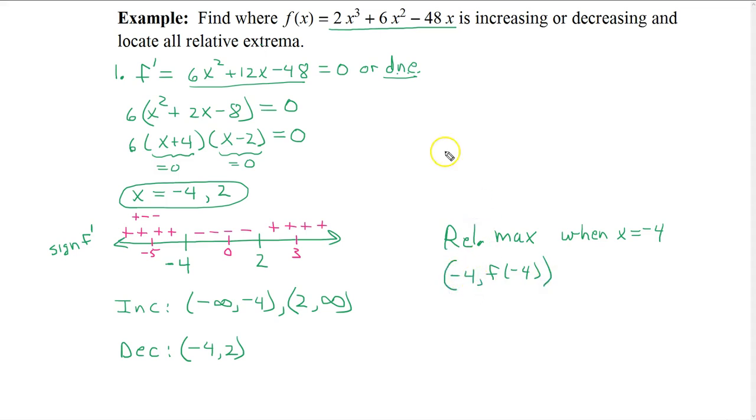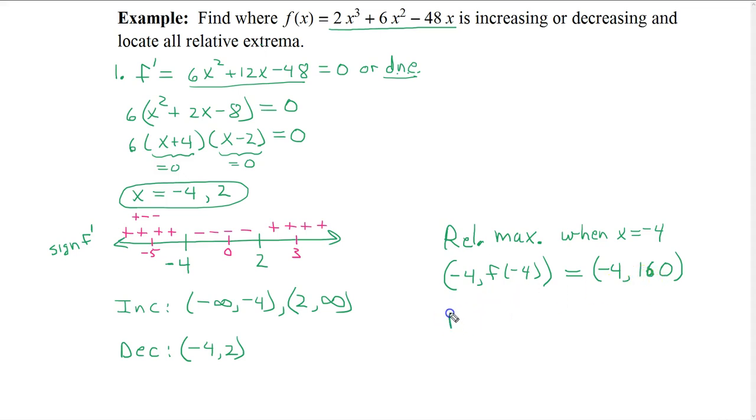Note we have to put the negative 4 back into the original function to get the point on the graph that is the relative maximum. And if you put negative 4 into this function up here, you're going to get back 160. So here's the point that represents the relative maximum.